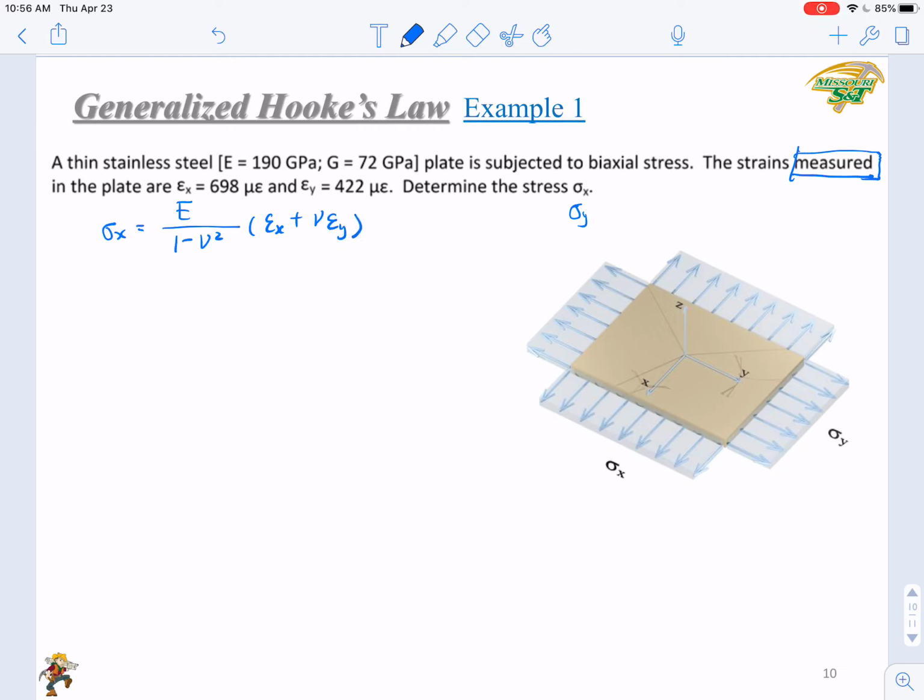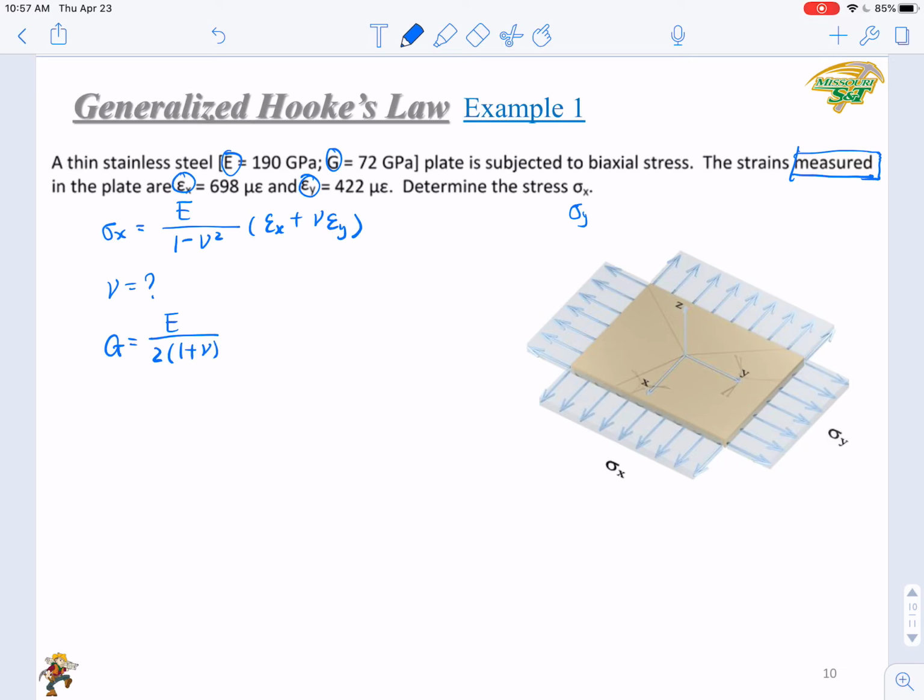Epsilon x is here, epsilon y is here, but how about nu? We didn't give you nu, the Poisson ratio, but we had an equation in previous chapters, the correlation between nu, E, and G. That correlation says G equals E over 2 times 1 plus nu.